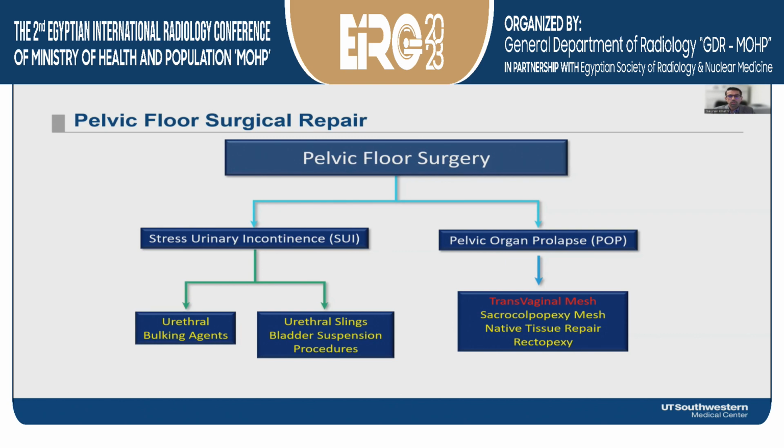And then for prolapse, you can have various types of mesh, either transvaginal mesh, which has been taken off the market in the United States by the FDA, or mesh sacrocolpopexy, which is an open mesh procedure performed abdominally. And then there can be various native tissue repair procedures or rectopexy procedure. Today, we'll focus mostly on urethral slings and vaginal mesh.